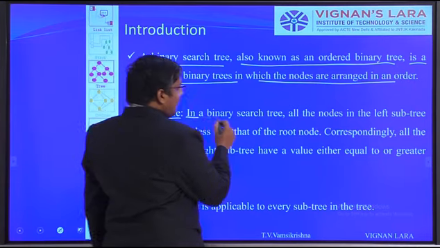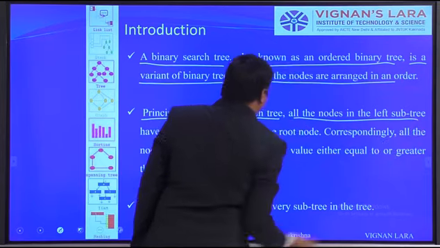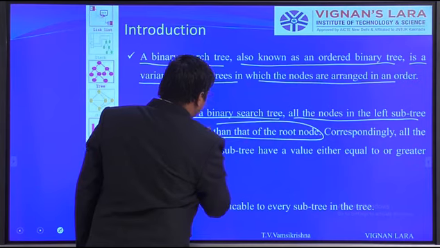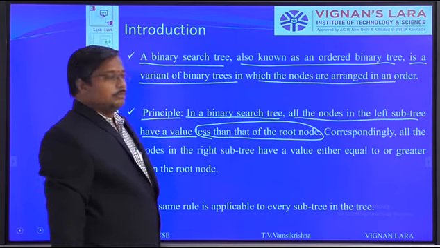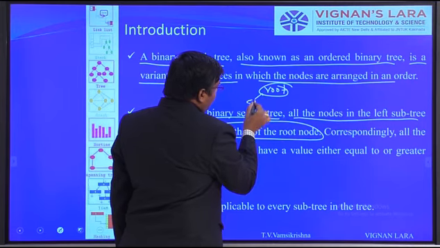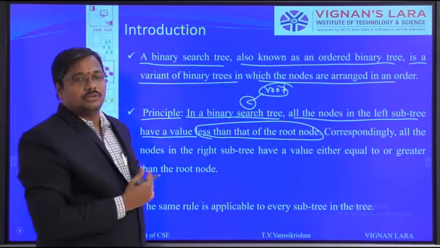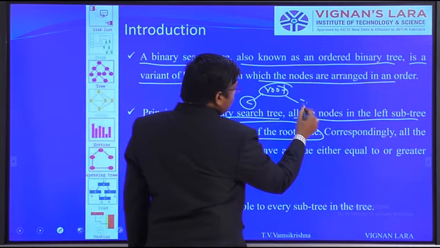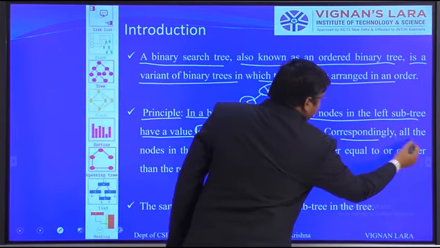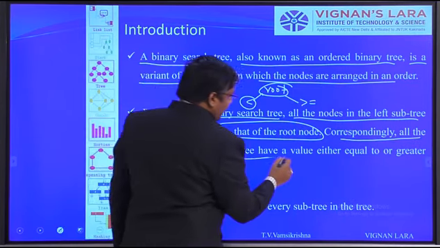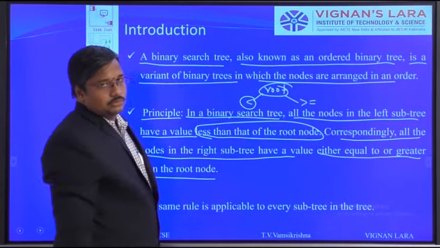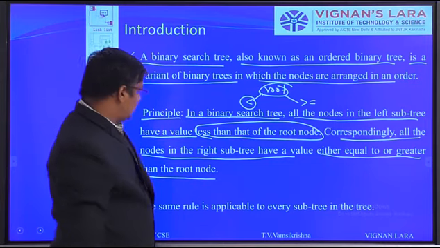In a binary search tree, all the nodes in the left subtree have values less than the root node. All the nodes in the right subtree have values either equal to or greater than the root node.